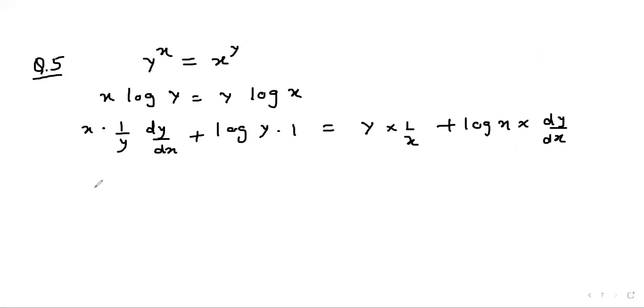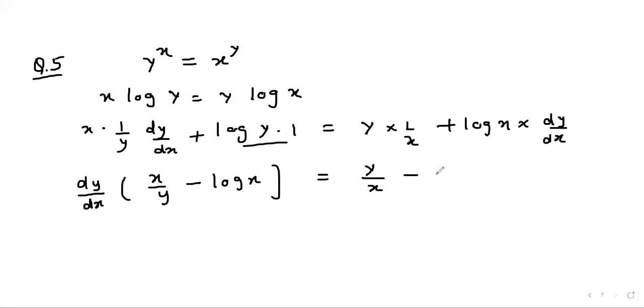We write the dy by dx containing terms together: dy by dx, then x upon y, where this term is shifted to LHS, we change its sign, so it will become minus log x, equal to y upon x, and this term can be taken to RHS, minus log y.